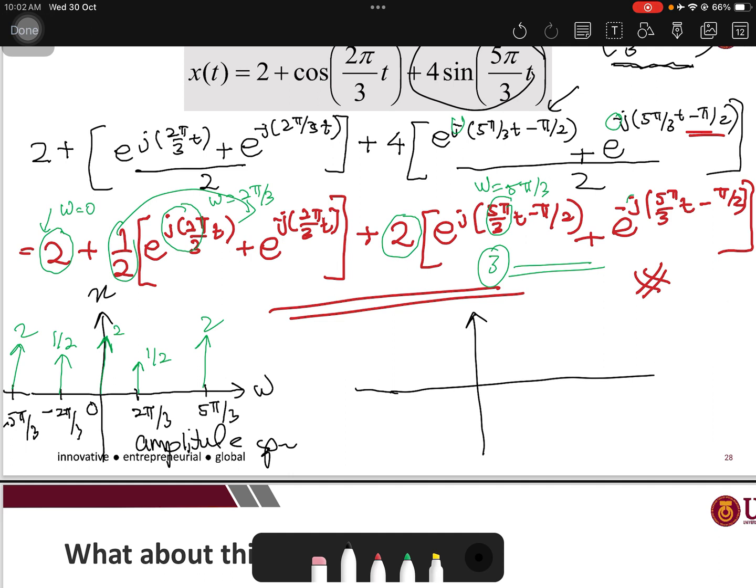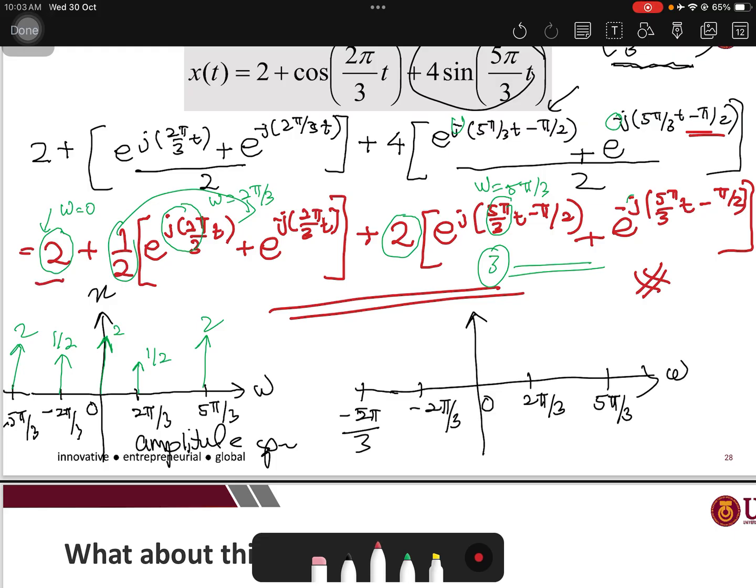Now what about the phasor? Phasor is quite tricky: 2π/3, 5π/3 angular frequency, negative 2π/3, negative 5π/3. For the first component, the angular frequency is 0, so the angle is 0, no angle at all.